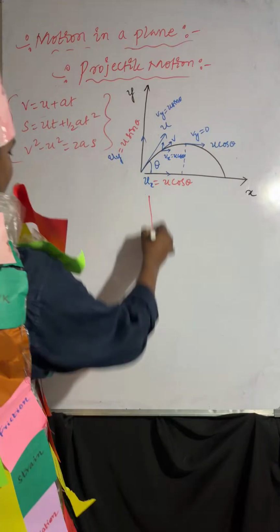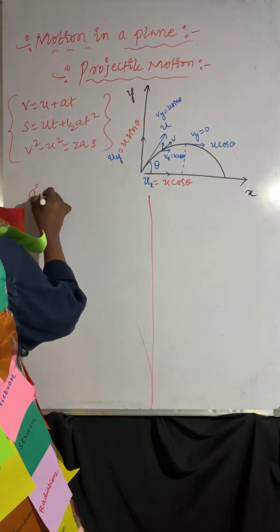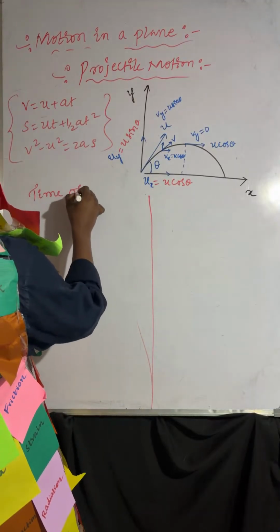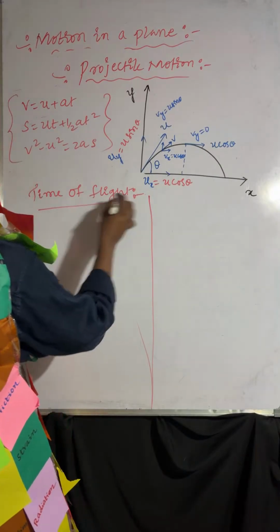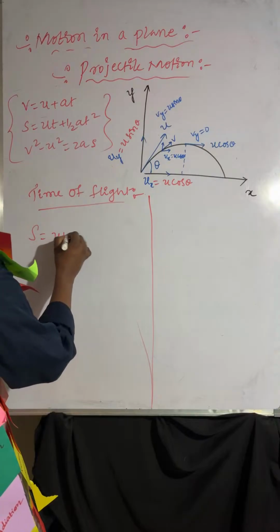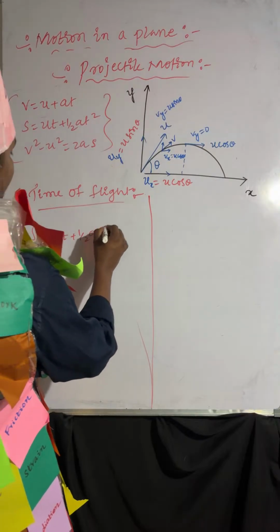Time of flight. Okay. That is s equal to ut plus half at square.